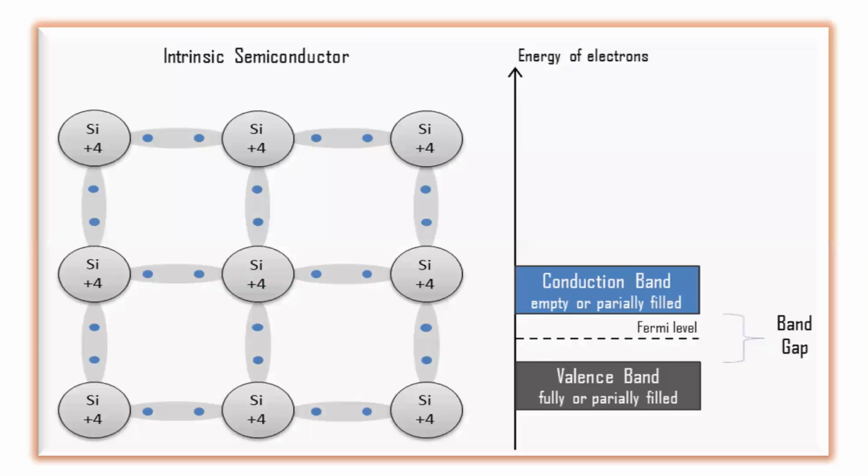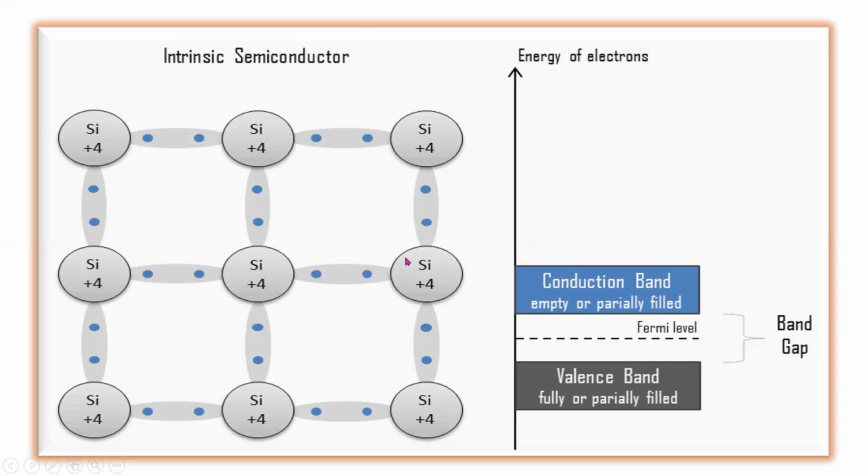Based on this, if we look at the intrinsic semiconductor in the diagram, this is a silicon atom and it has four unpaired electrons. Similarly, the neighboring atoms are also silicon atoms, because it is an intrinsic semiconductor, meaning a pure semiconductor.